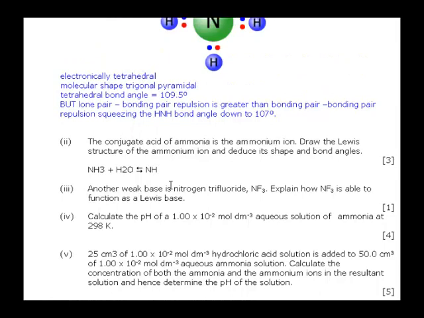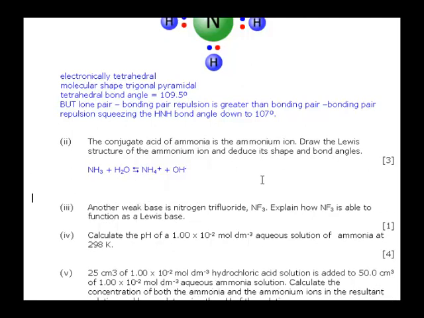It makes NH4 plus, that's the ammonium ion, plus OH minus. This is the formation of the hydroxide ions by the interaction of the base ammonia with the water solvent. So this gives us our acid-base reaction.